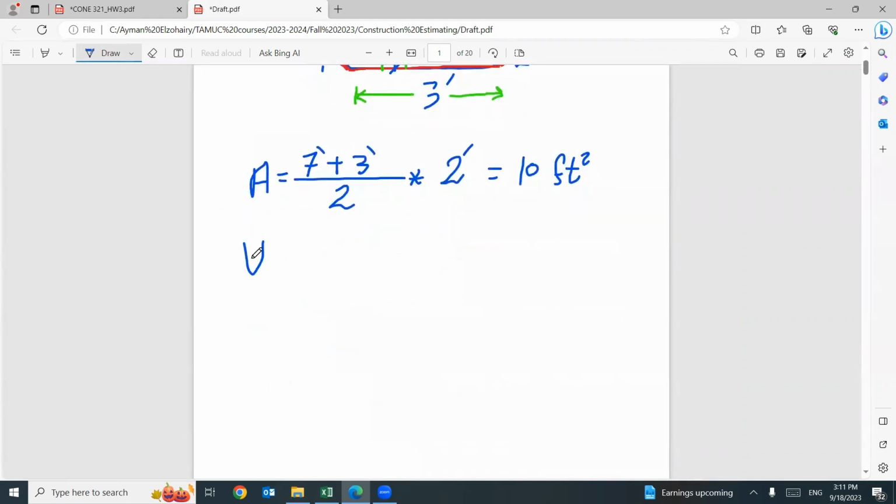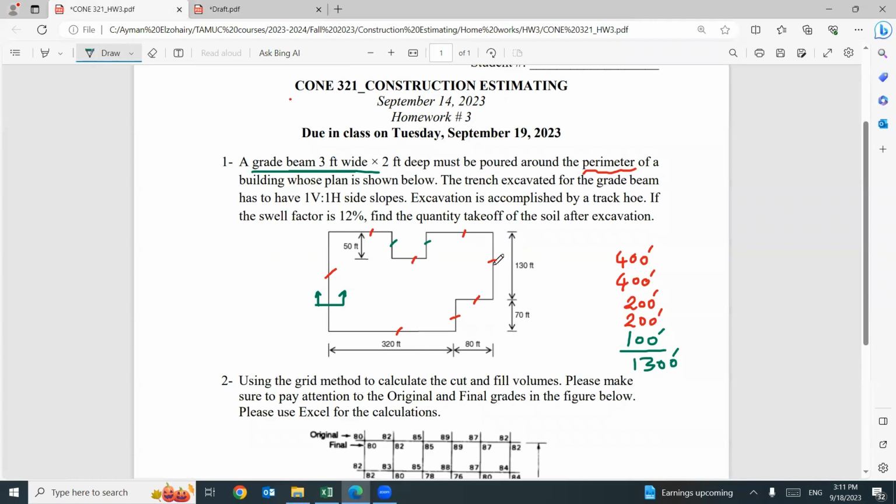If you would like to figure out the total volume of soil, it will be this area, 10 square feet. This is the area of the cross-section of excavation, times the perimeter of the building, which is 1,300 feet.